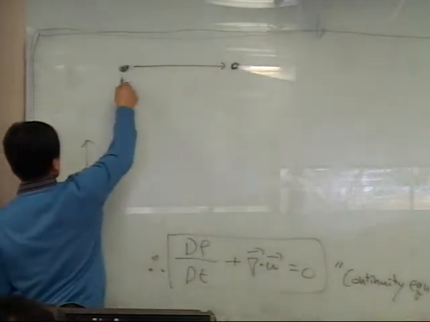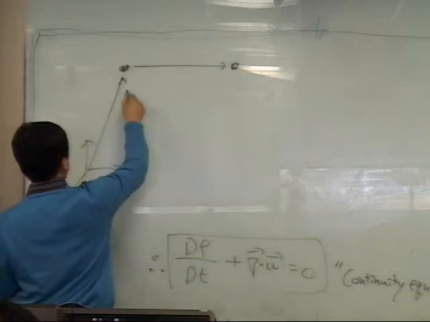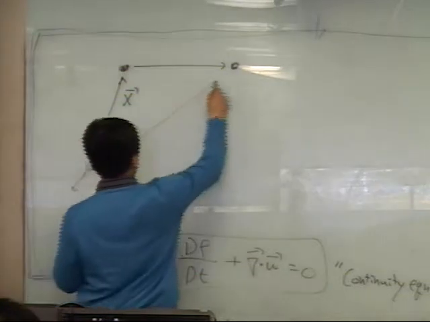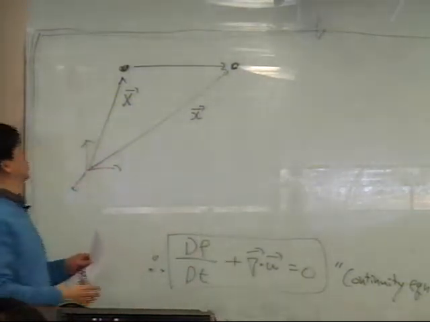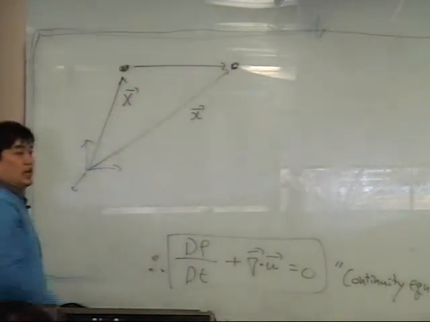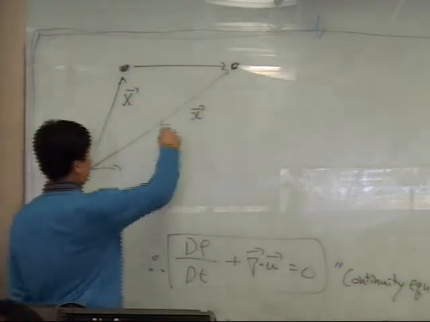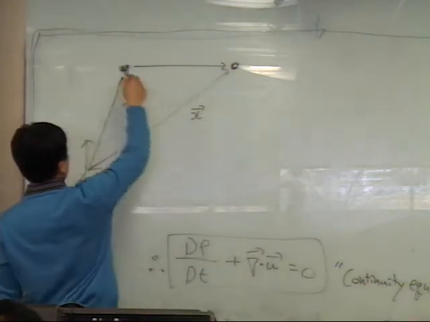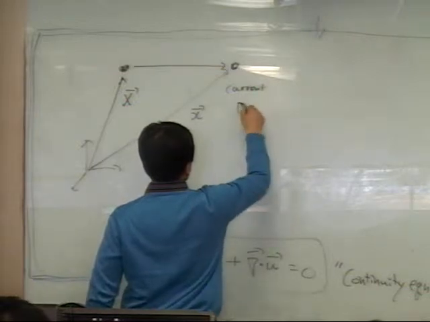Large X means the initial position of the fluid particle, and small x means the current position.